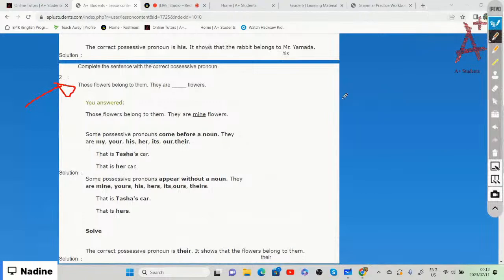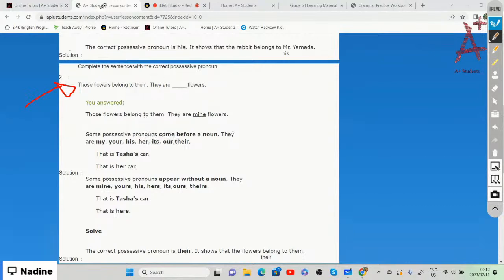They are whose flowers, right? So those flowers belong to them. They are whose flowers? Is it my flowers? Your flowers? His flowers? Hers? It's our flowers or their flowers.